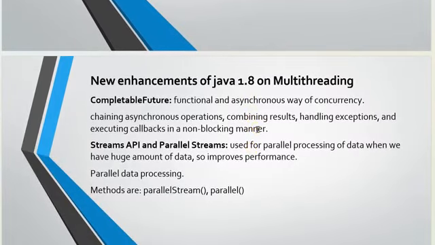There are some enhancements that happened in Java 1.8. We'll see what the new enhancements of Java 1.8 are for multi-threading. There are a lot of nice features added in 1.8, but let's see only what they have added for multi-threading.